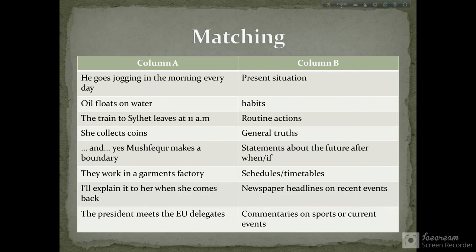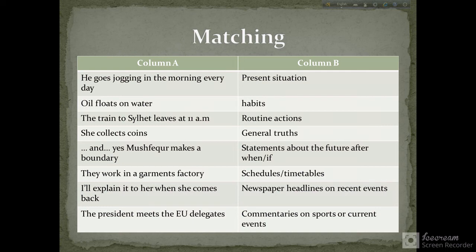Mushfiqur makes a boundary. They work in a garments factory. I'll explain it to her when she comes back. The president meets the EU delegates. Okay, so we have eight sentences in the simple present in column A, and column B has the eight contexts.